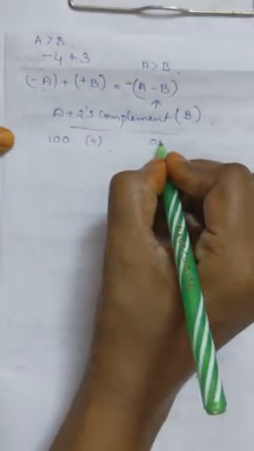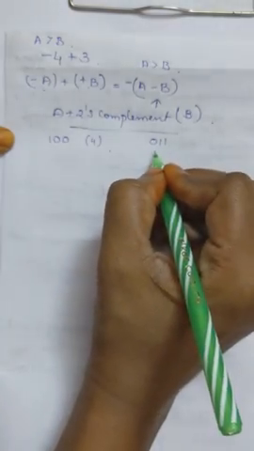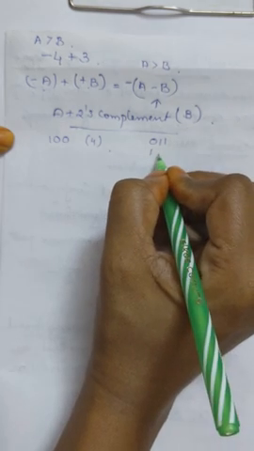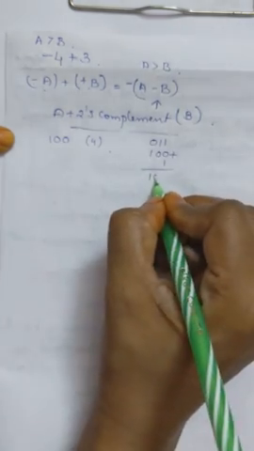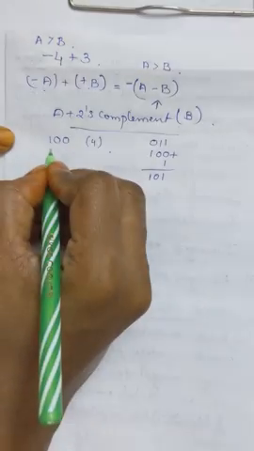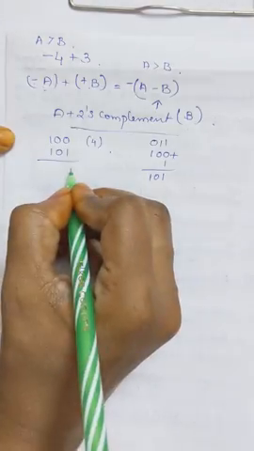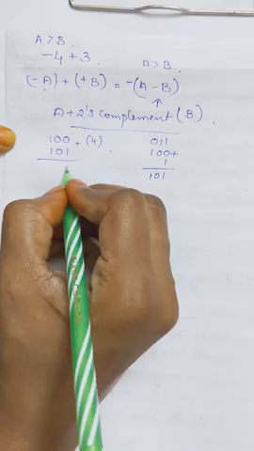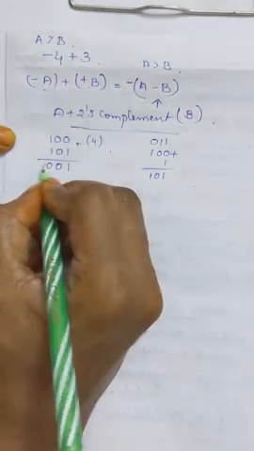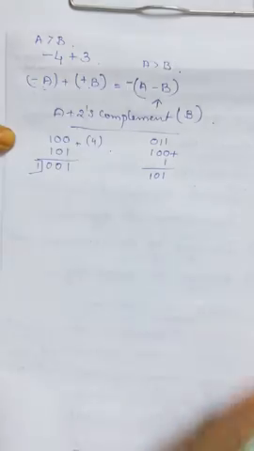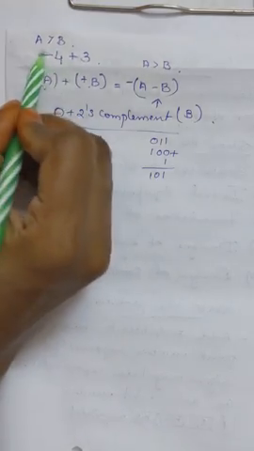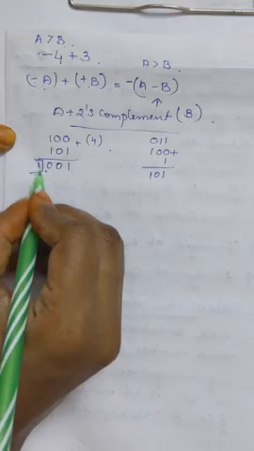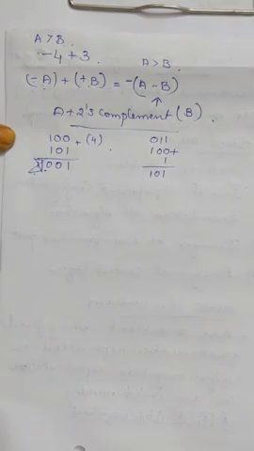For the 2's complement, B is 0 1 1, you take the 1's complement, 1 0 0, plus 1, which will be 1 0 1. Perform the addition operation, 1 0 0 1. Here also an overflow has occurred. So overflow has occurred, and A is greater than B, so you can discard this overflow.